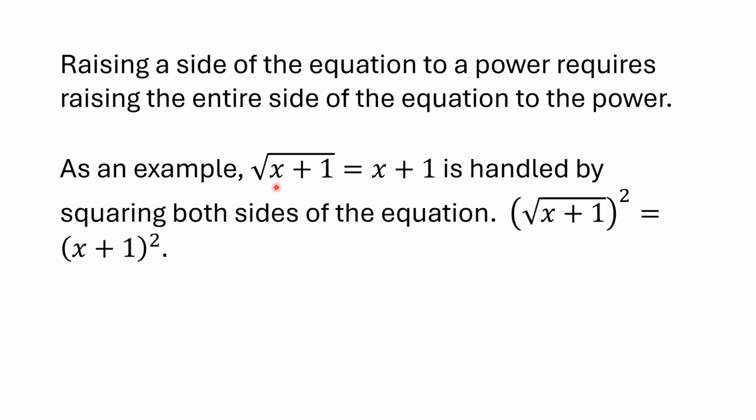So as an example, if I have the square root of x plus 1 equals x plus 1, it is handled by squaring both sides of the equation. So we square the square root of x plus 1, and we square x plus 1.